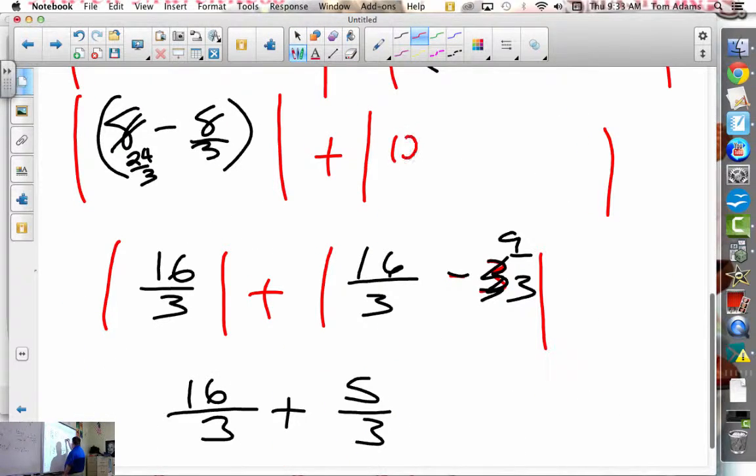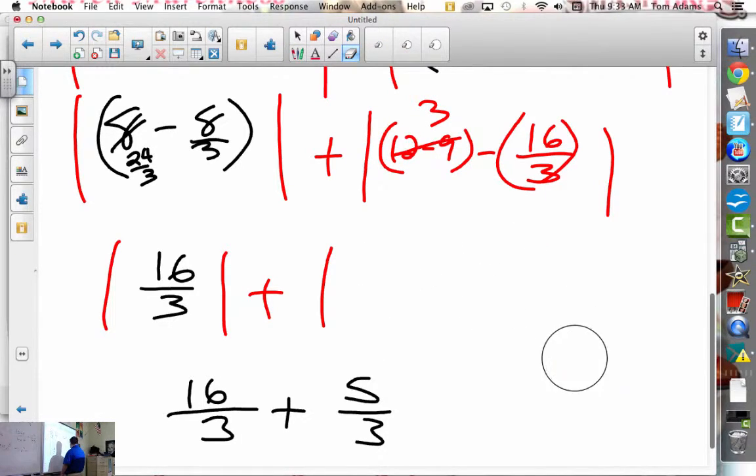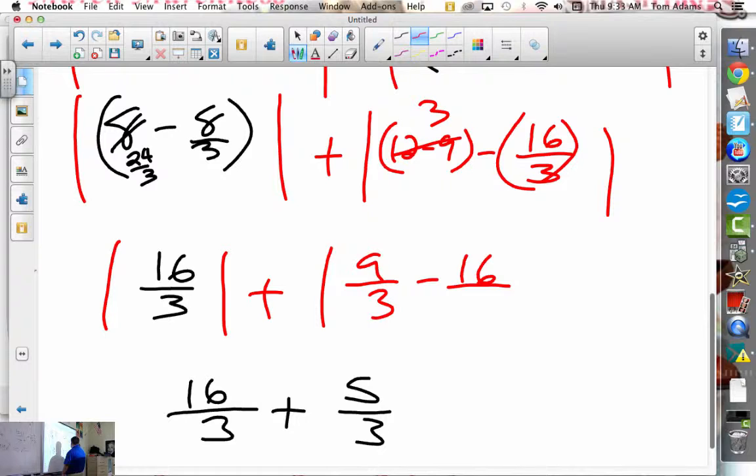Really, you get like 12 minus 9 here, minus 16 thirds. So this becomes 3 minus that. So then down here, we get 9 thirds minus 16 thirds. This whole thing becomes negative 7 thirds.